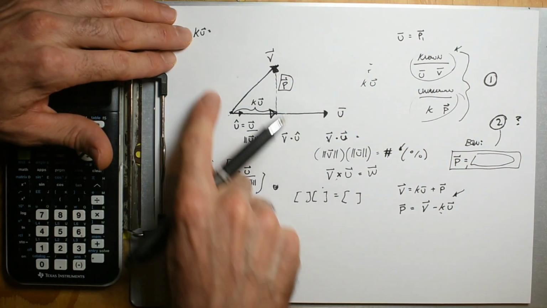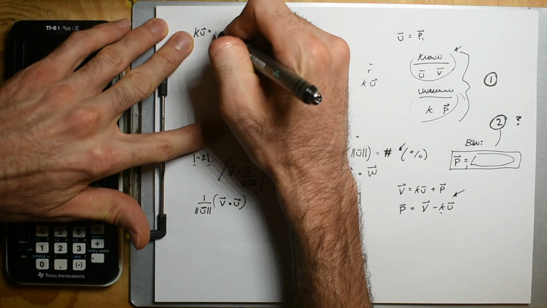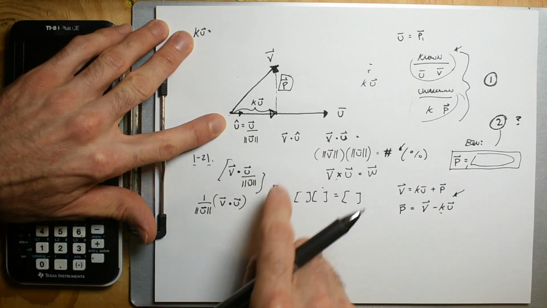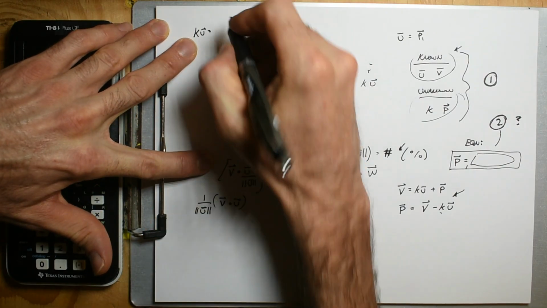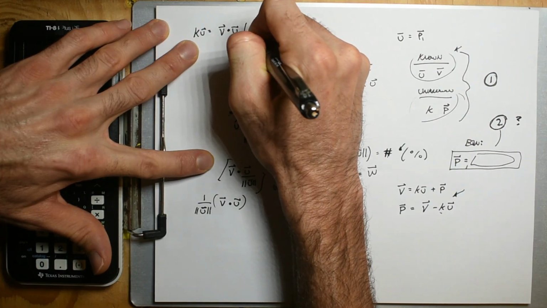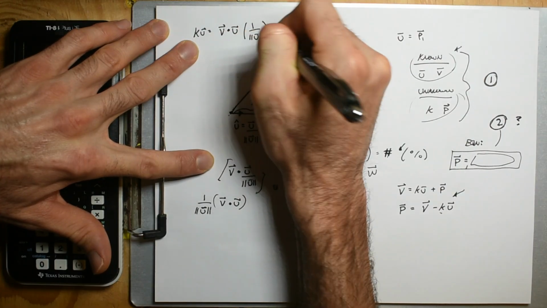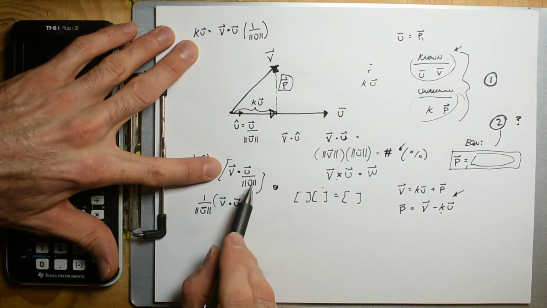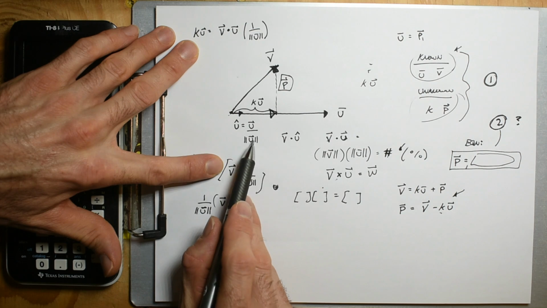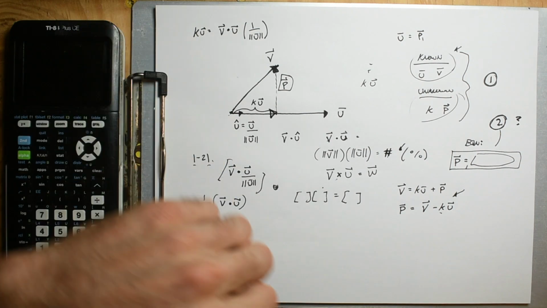So ku, what did we say it was? It's going to be v dotted with the unit vector of u. So we would have v dot u, multiplied by the scalar 1 divided by the magnitude of u. And that is 100% true. The magnitude of u is this symbol, right?